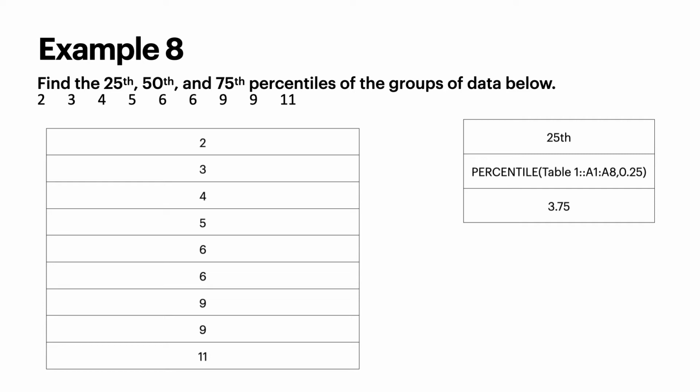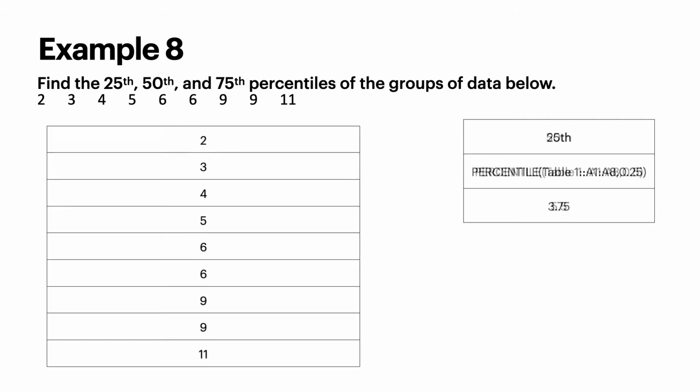The way you do that is you go equal sign, percentile, tell it what values you want, comma, 0.25 for the 25th percentile. This is saying that for this data, the 25th percentile would be cut off at 3.75, so close to 4, but in between 3 and 4.